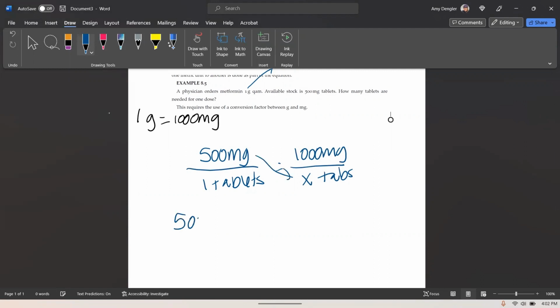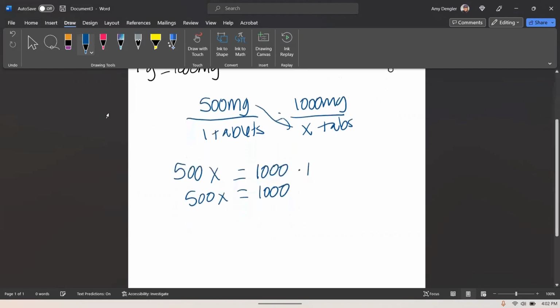So the 500 becomes 500x is equal to 1,000 times 1, which we know is just 1,000. And we want to get the x alone, so we're going to divide both sides by 500. So on the one side, we just have x. If I divide 1,000 by 500, I'm going to get 2 tabs.